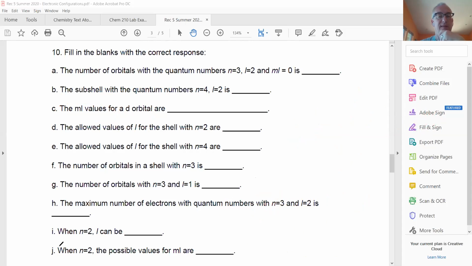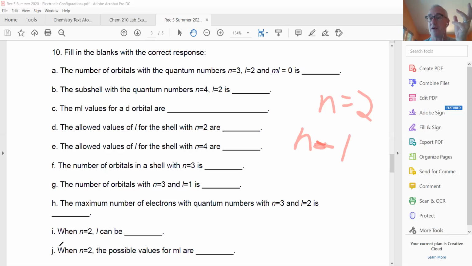Now D, the allowed values for L for the shell n equals 2. So this tells us we're in the second shell. So n equals 2. And the maximum value, we haven't reviewed this yet, but the maximum value for L is n minus 1.